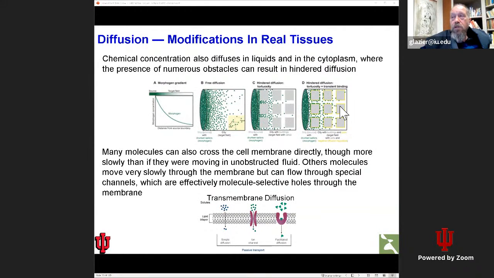Here in this second picture, it's not only going around the crowded objects, but it's sticking to those objects. Clearly, the time distribution of that chemical will be different in these three cases. There's the added complexity that in the biological system, those crowded objects may also be moving around themselves.